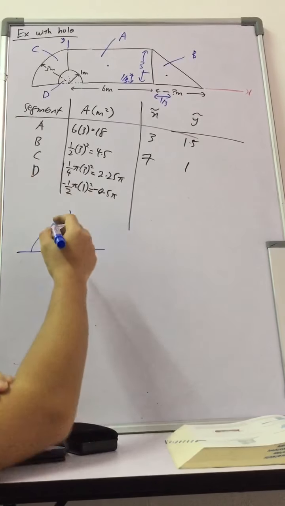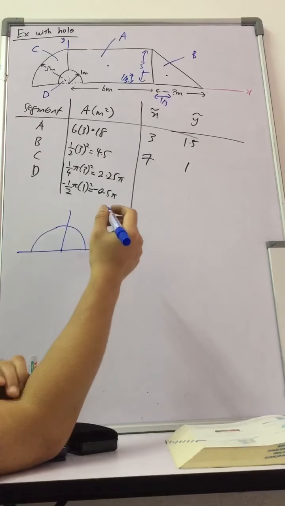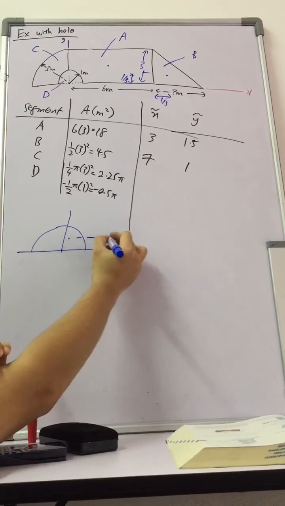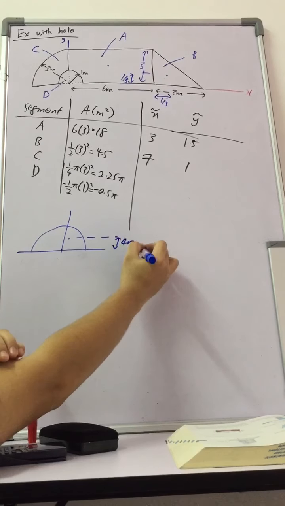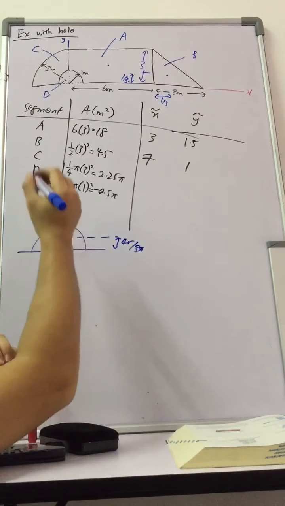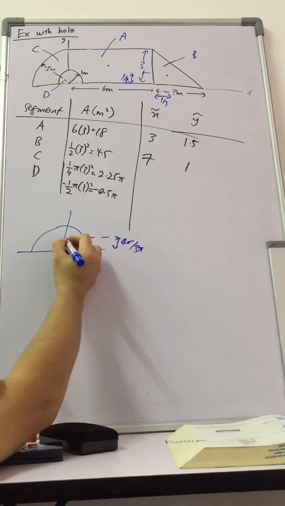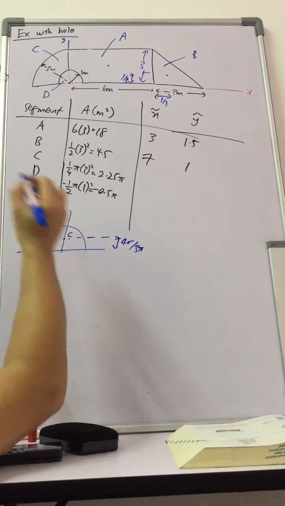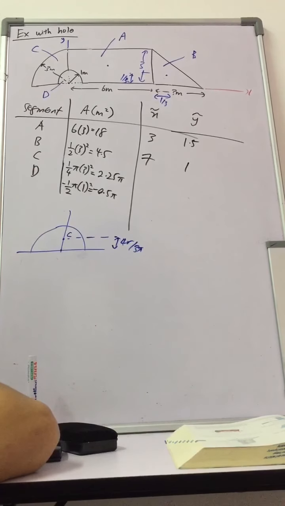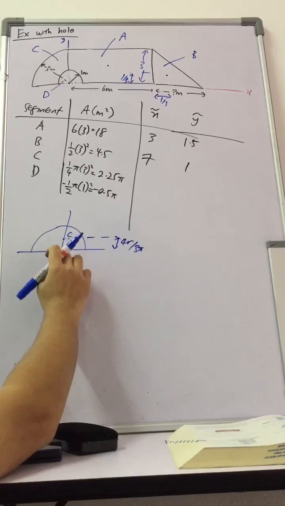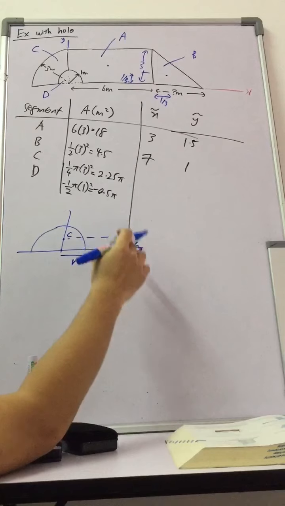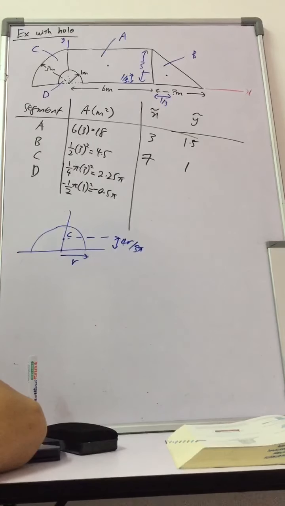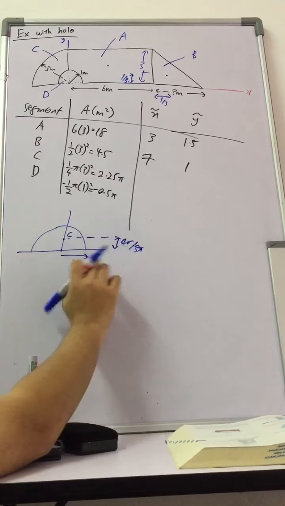It's given in the book, which is 4r/3 pi from this. Okay, so the centroid is now here. 4 times radius divided by 3 pi. Okay, this is the equation. So it just depends on your r.